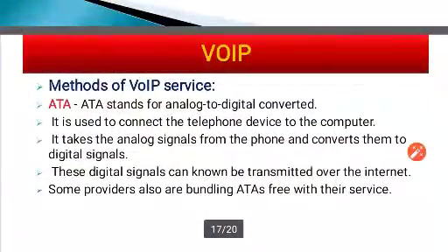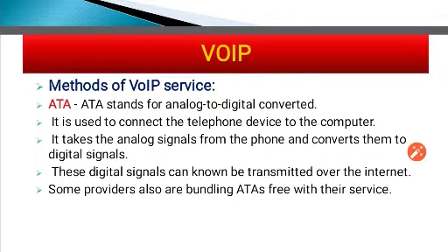Now, what are the different methods we can use for VoIP service? There are three different methods. We will start with ATA. It is analog to digital converter. It is used to connect the telephone device to the computer, and because we are saying it is converting analog to digital, it takes the analog signals from the phone and converts them to digital signals.